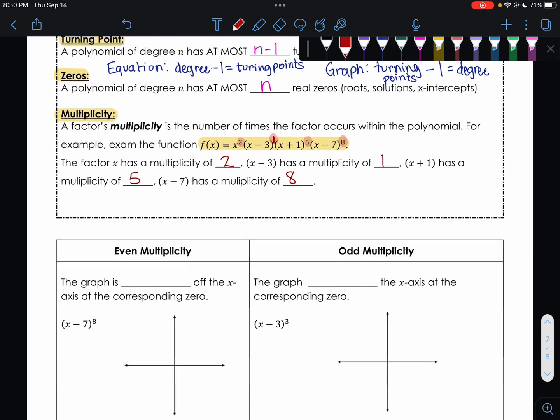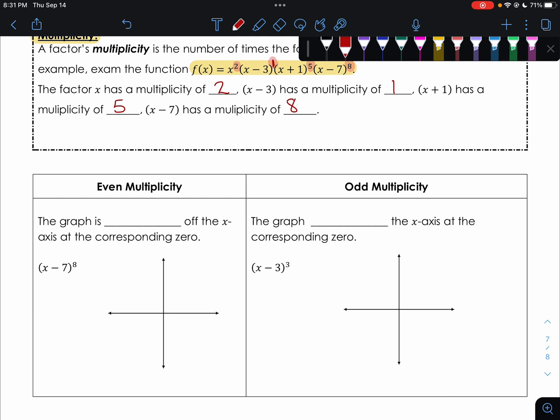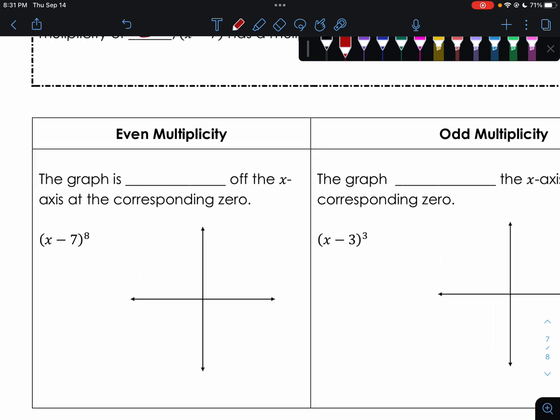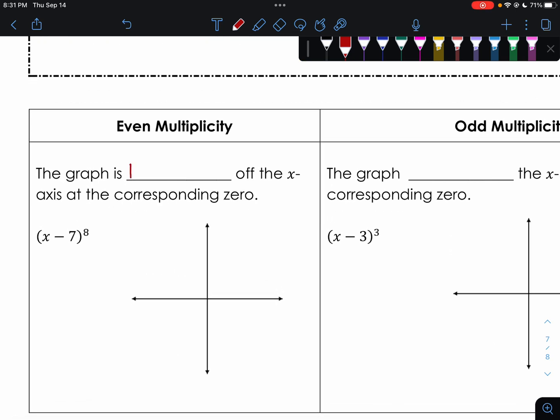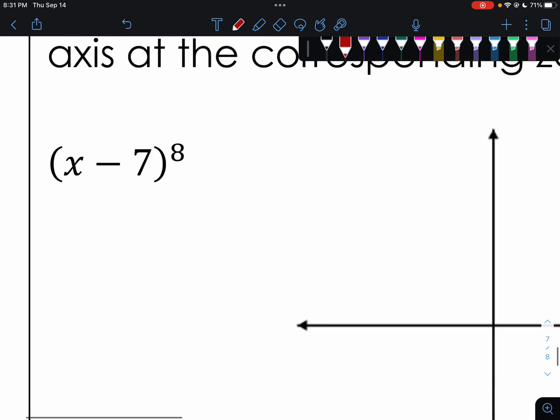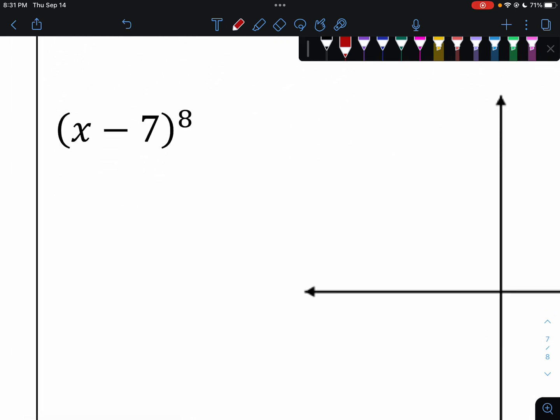Now, why do we need to be able to identify them? Well, its multiplicity determines how it's going to interact with our graph. If it is an even multiplicity, the graph is bouncing off the x-axis at the corresponding zero. So right here, I have x minus 7 to the 8th power. I could write this out 8 different times, but that's going to take more effort from me. So I'm just going to take this one factor, set it equal to 0, and it tells me that my x is positive 7.